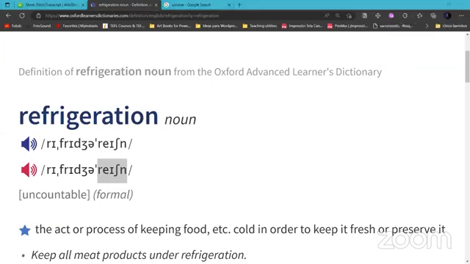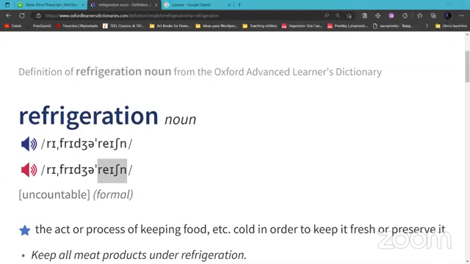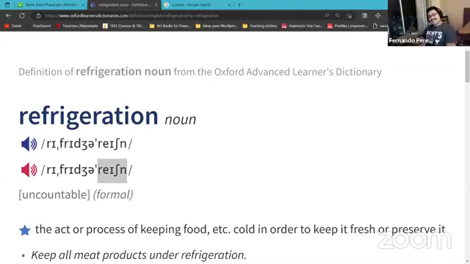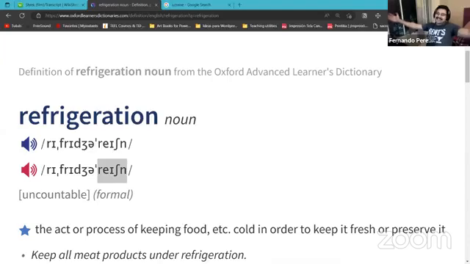Refrigeration. It's a difficult word. Well, yes, that's right. It's difficult, but it's easy, no? Refrigeration. Exactly. Okay.